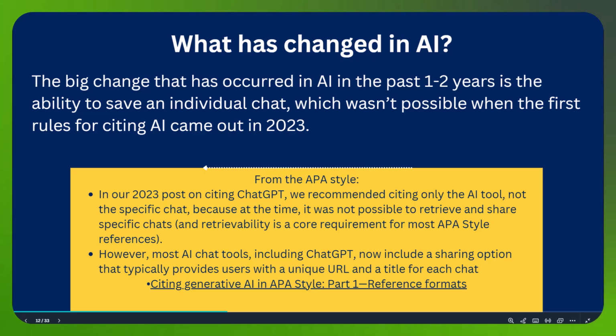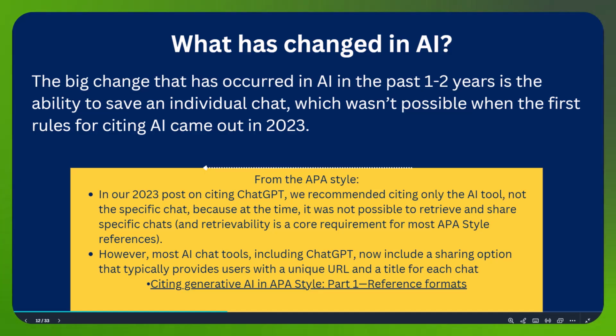Here is a quote from the APA Style blog that explains more about the change in AI. It says, "In our 2023 post on citing ChatGPT, we recommended citing only the AI tool, not the specific chat, because at the time it was not possible to retrieve and share specific chats.